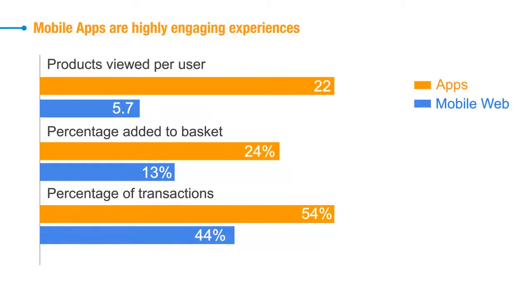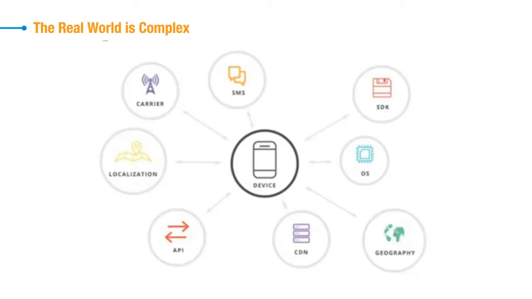Now, talking about user scenarios, the real world challenges for a mobile app are infinite. When you look at the different challenges that users face today, you want to look at the different scenarios a user is in when they open up your mobile app. There are different permutations and combinations that can impact your mobile app performance.